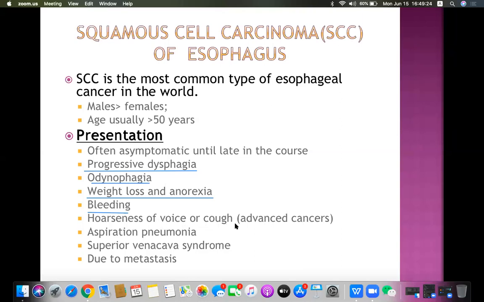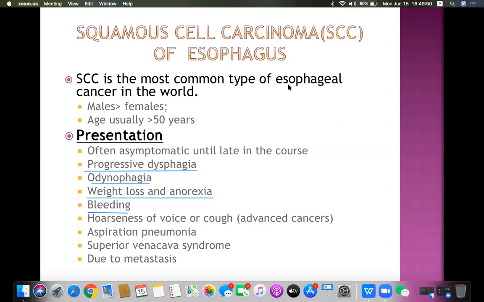So the nearby structures are the larynx, trachea, isn't it? We have the vagus nerve, the phrenic nerve, the sympathetic chain, and the thoracic duct. So many important structures are there, and all of them can be affected. If the larynx is involved, then we have hoarseness of the voice.